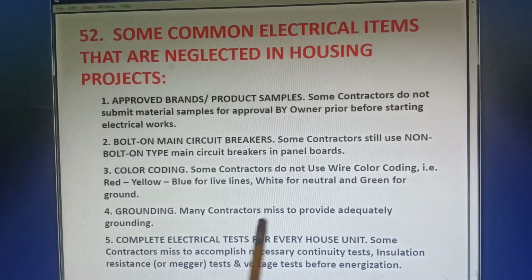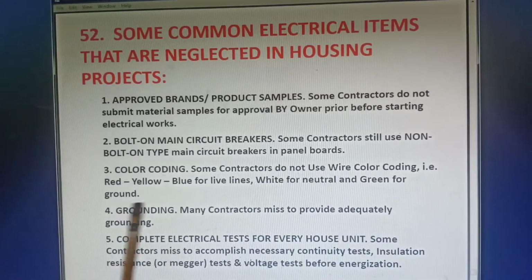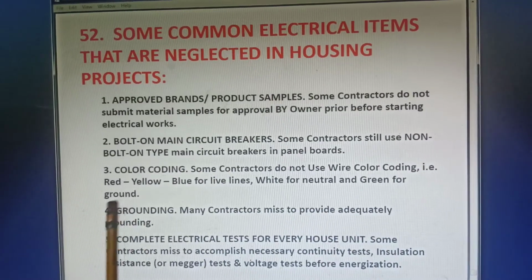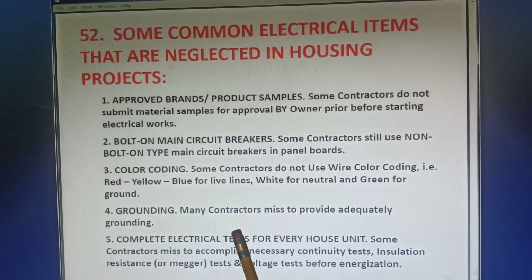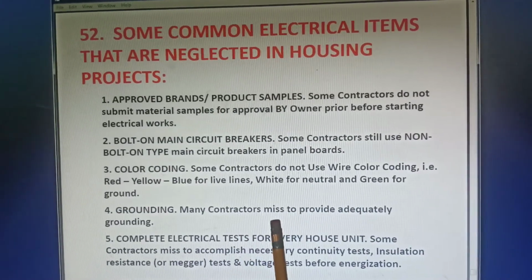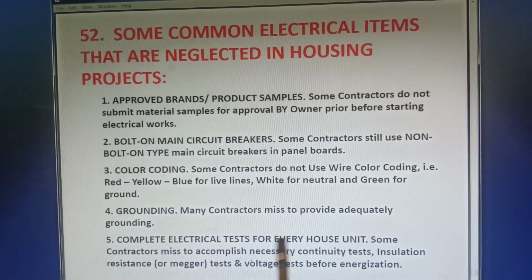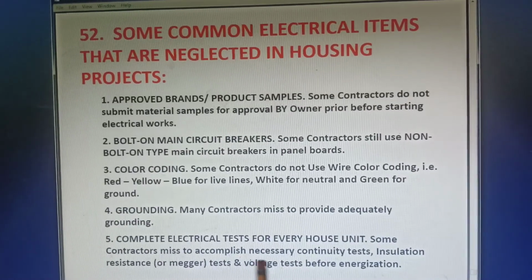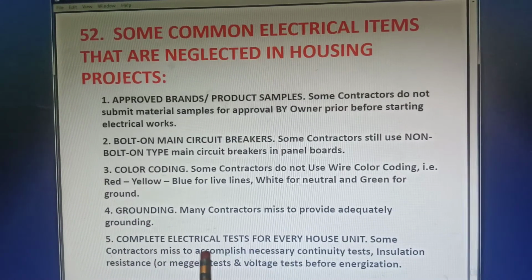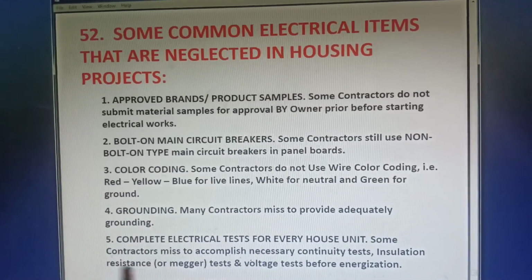They miss providing the grounding system. Sometimes the convenience outlets that they use are two-prong type only, which doesn't provide for grounding. Okay, and number five, they usually miss making a complete electrical test before energization of the houses or homes.